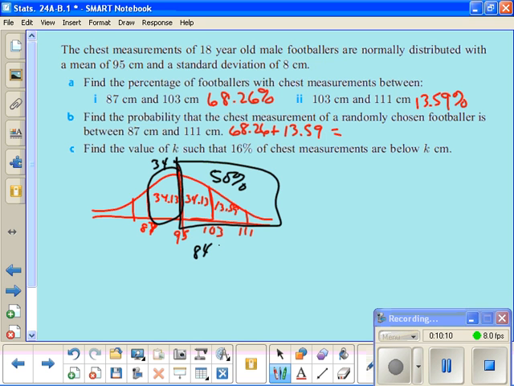That's 84% of the data between there and there. Correct? Agreed? So find the value of k so that 16% of the data is below that value. What value is approximately 16%? Well, we already figured it out because we went down. It's 95 minus 1 standard deviation of 8, which is 87. So k is 87.